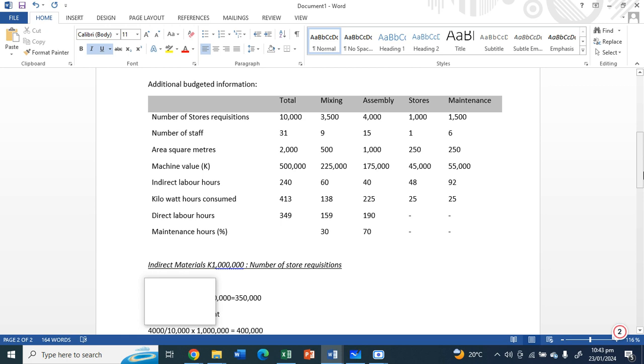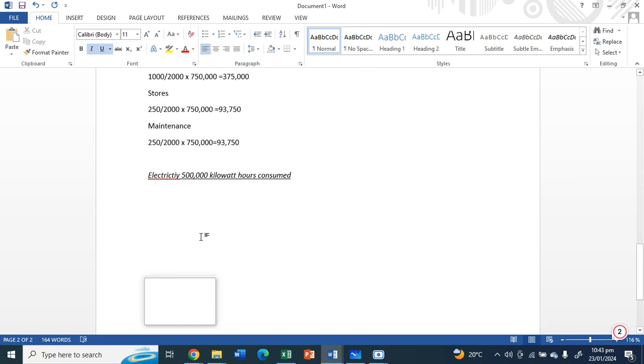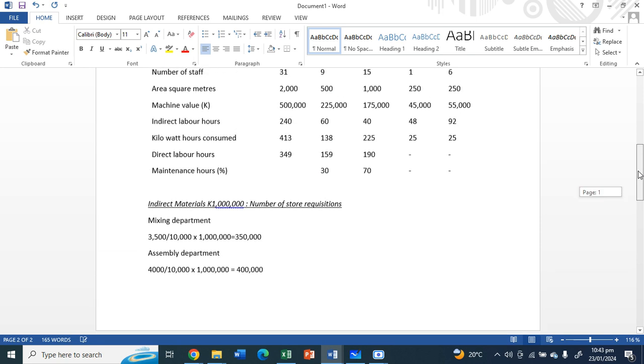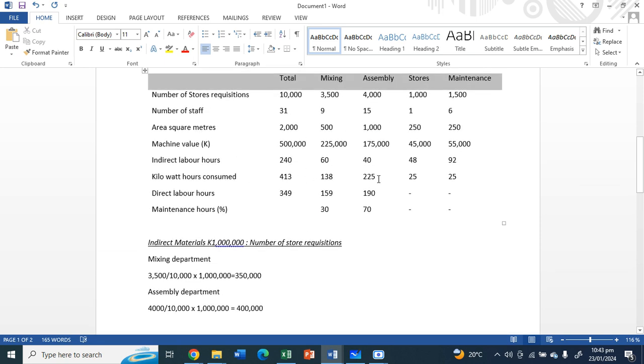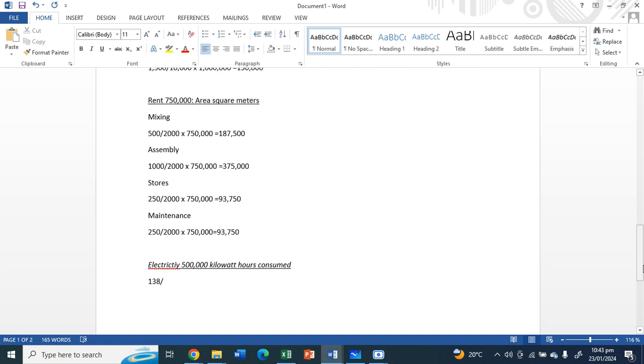It's 138 over 413. Now, colleagues, I need someone to also help me calculate so we move fast, because we're going to spend another 2 hours still solving this question. So unless there's someone else who has got a calculator, we calculate together. So I'm just hearing answers. 138 over 413 times 500,000. That's for mixing department.